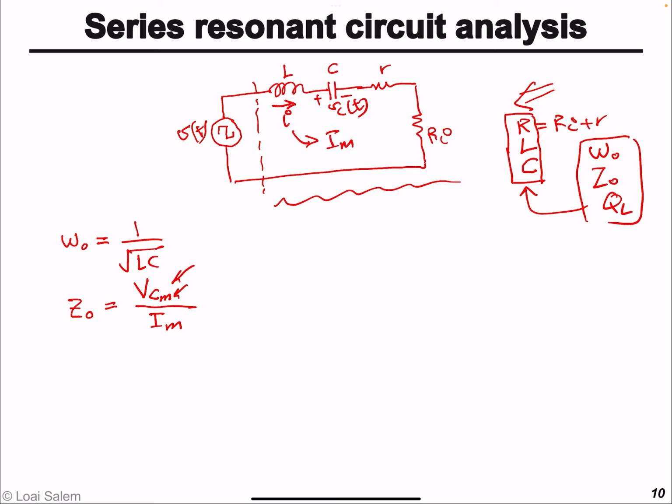The ratio between the capacitor voltage amplitude and the RLC current amplitude is defined as the characteristic impedance of the RLC circuit.